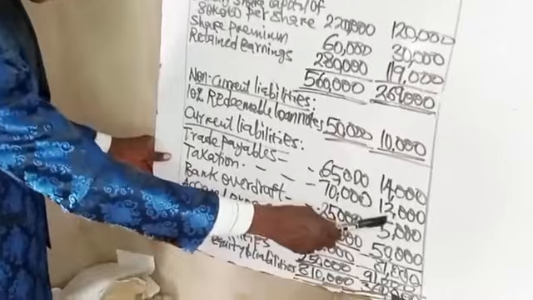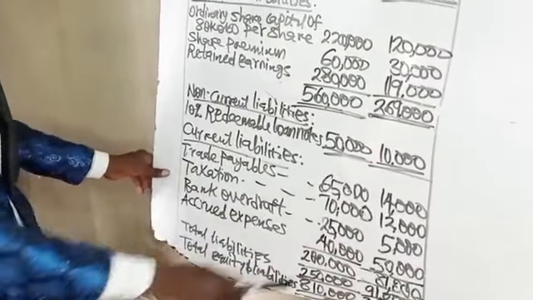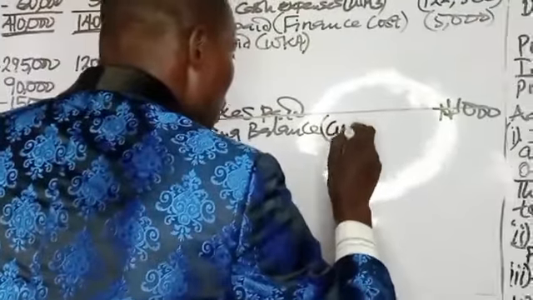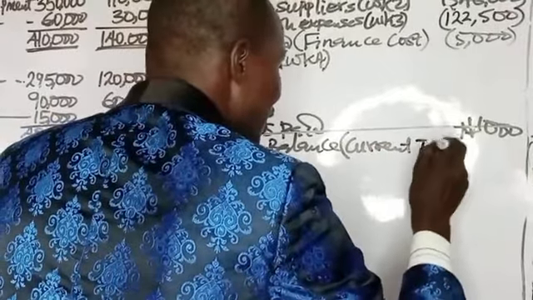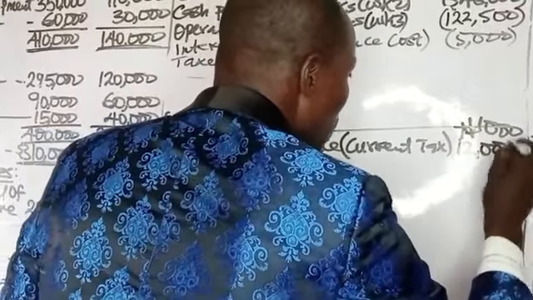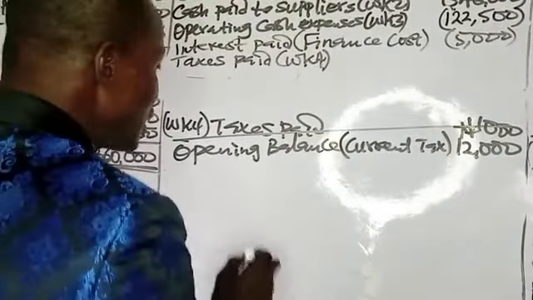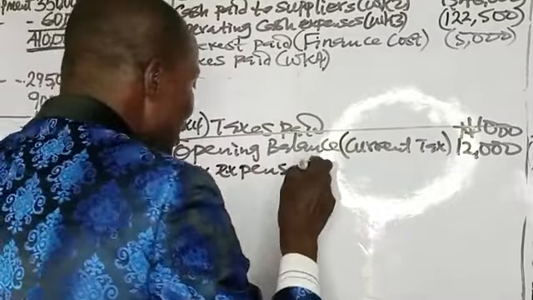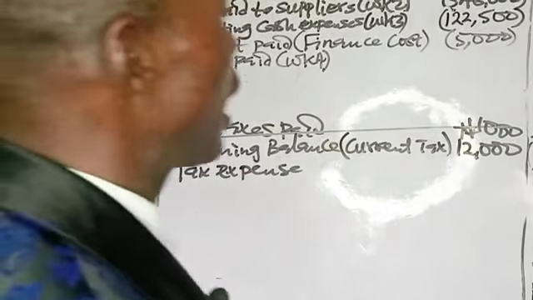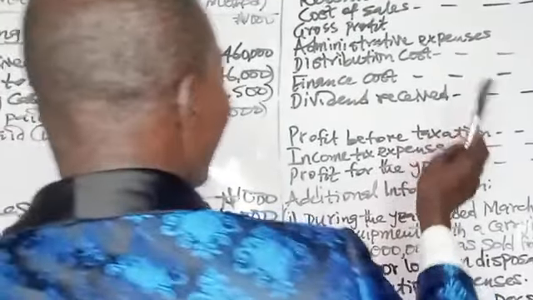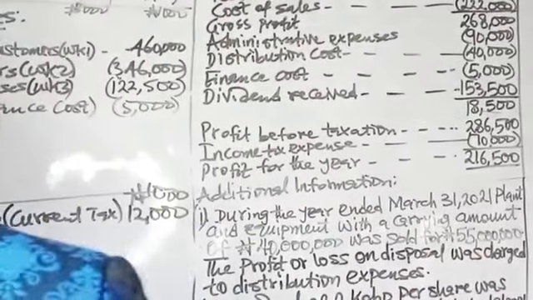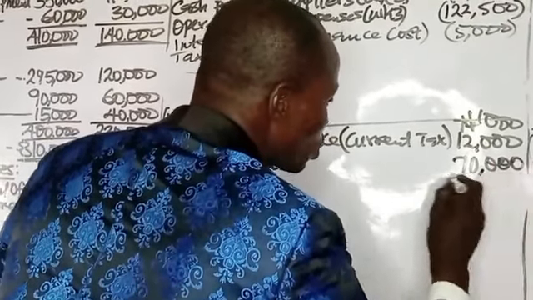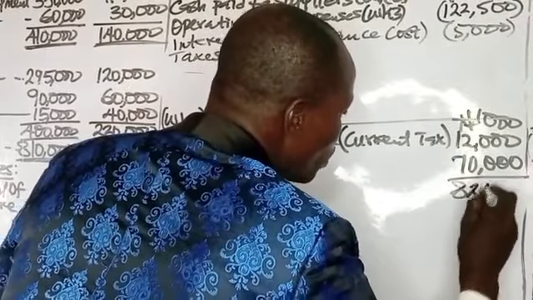The opening balance is 12 million, while the closing balance is 17 million. Starting with the opening balance, current tax, 12 million. Then from the statement of profit or loss, you have tax expense there. How much is that? Income tax expense, 70 million. So you add 70 million. So total will be 82 million.